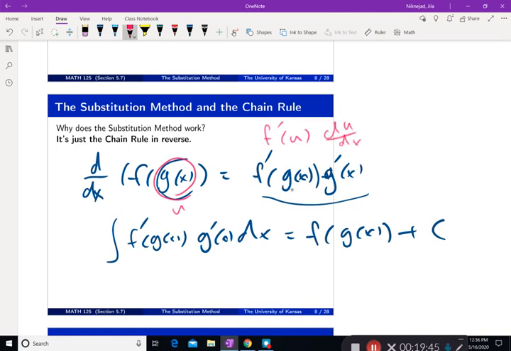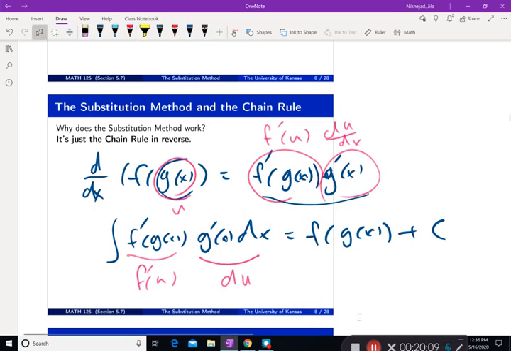And so basically what happens over here is you're replacing that by f prime of u and this by du, and that's how we operate in here. This is exactly reversing the order of the chain rule differentiation.